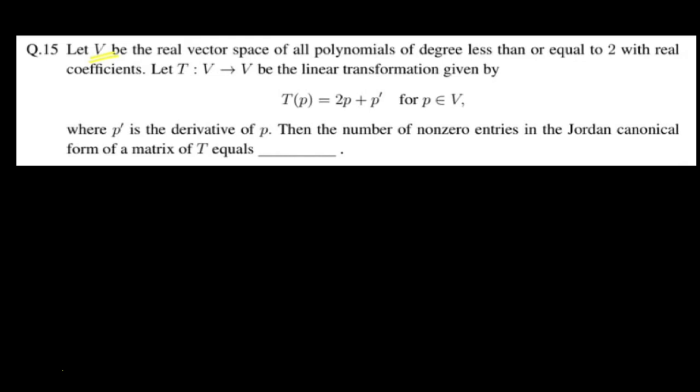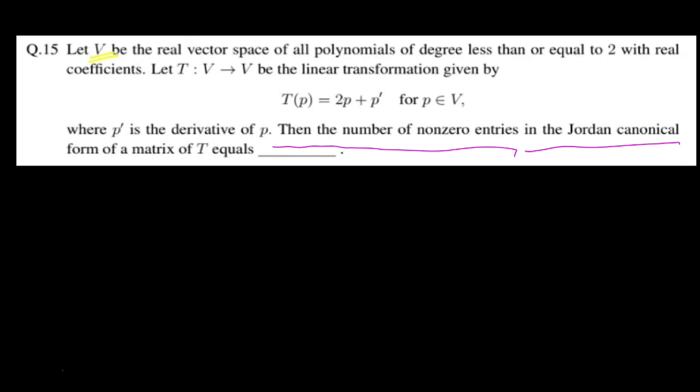Then the number of non-zero entries in the Jordan canonical form of the matrix of T equals. In this question, find the number of non-zero entries in the Jordan canonical form of the matrix of T. So firstly we find the matrix representation of this Tp equal to 2p plus p dash with the help of the basis of polynomials of degree less than or equal to 2.